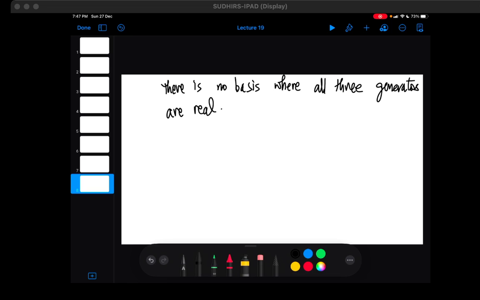So, for example, the fundamental, which is a two-dimensional representation, is equal to the 2 star or 2 bar representation, the complex conjugate.